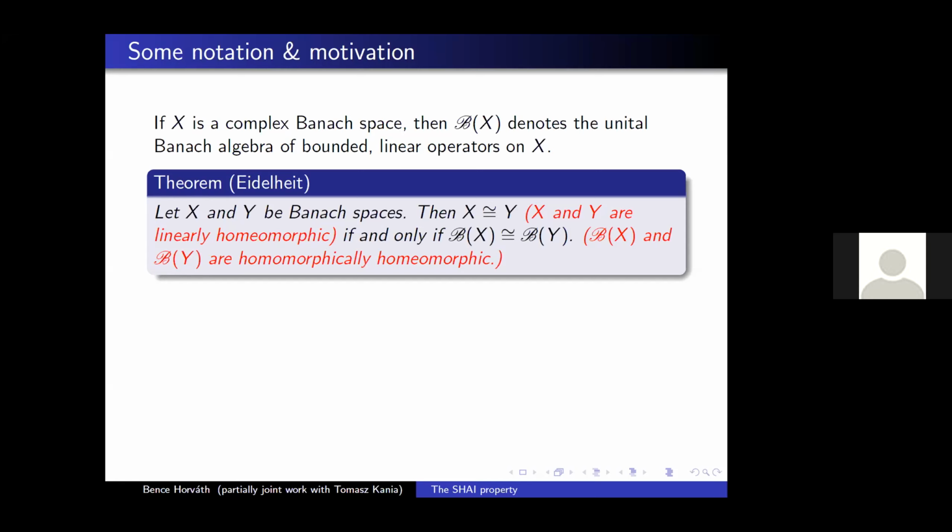The example of big LP and little LP: the algebras of bounded operators in that case are, for any reflexive LP space, isomorphic as Banach spaces, but they obviously can't be isomorphic as Banach algebras. Do you have any other examples where that can happen for infinite dimensional Banach spaces? I can't think off the top of my head of any other than that one. Oh, that's very good.